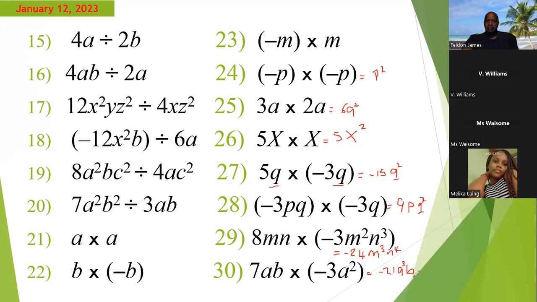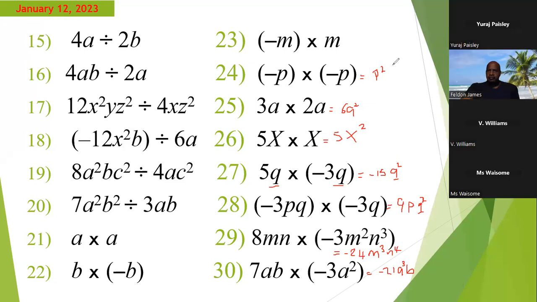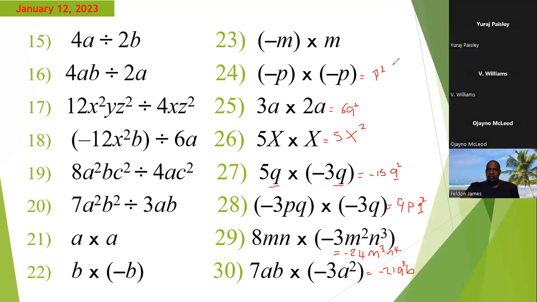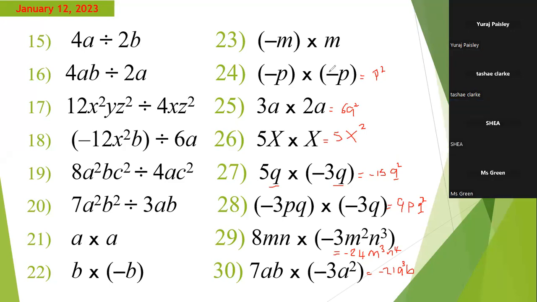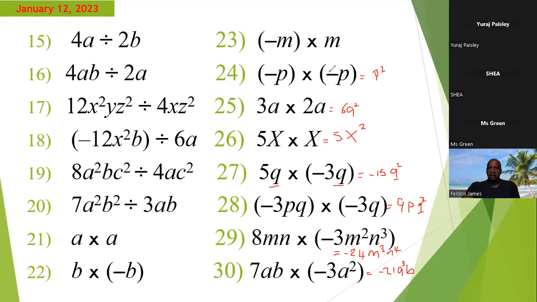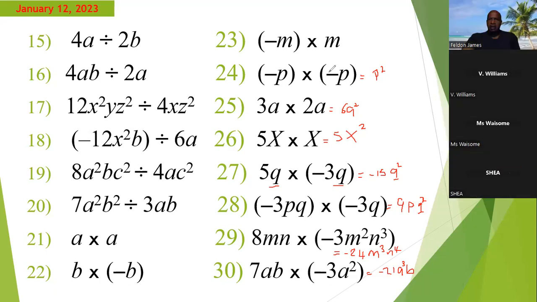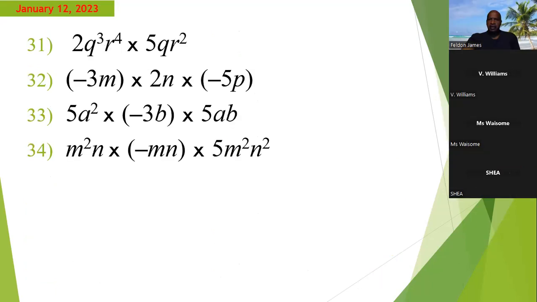All right. Let me see the hands of those who are comfortable with what we are doing so far. I said, let me see the hands of those who are comfortable with what we're doing so far. All right, so I'm going to clear what we have here and move on.